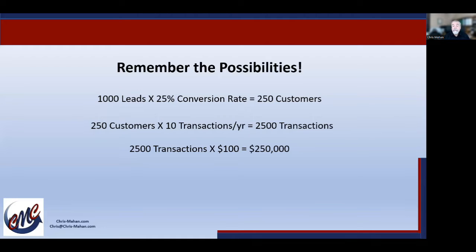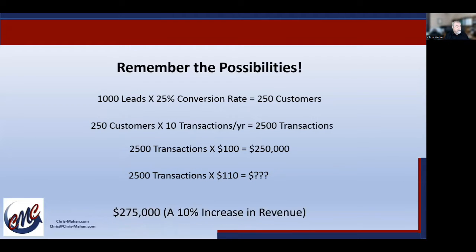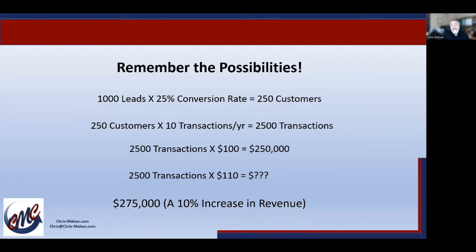That made their income $250,000. But if we just increase that one area by 10%, where instead of only spending $100 in each transaction, they're going to spend $110. What happens? 2,500 transactions times $110 is $275,000. That's a 10% increase in revenue.